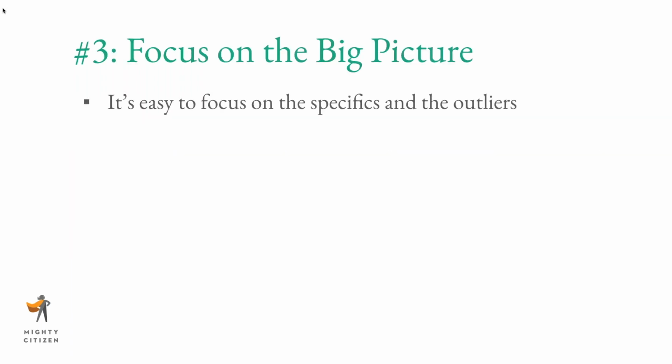Make sure you're focusing on the big picture. It's really easy to focus on specifics and on outliers. If someone is a good writer and they write a passionate, open question response, you're likely to give that response more weight than the person who's not a good writer. That's just human nature, so be cognizant of that as you're moving through your surveys.